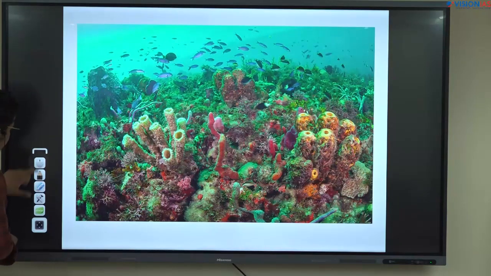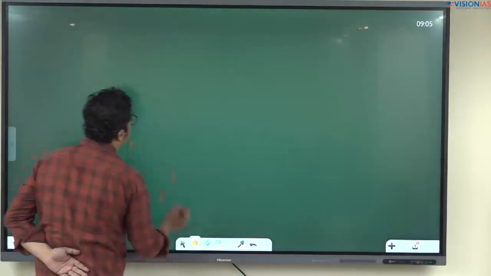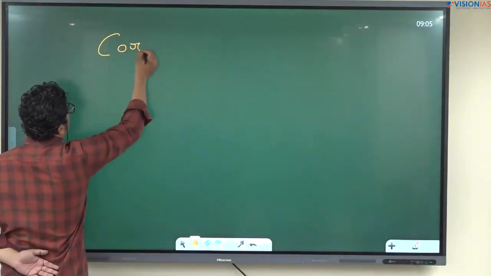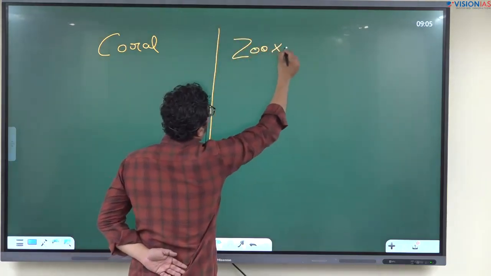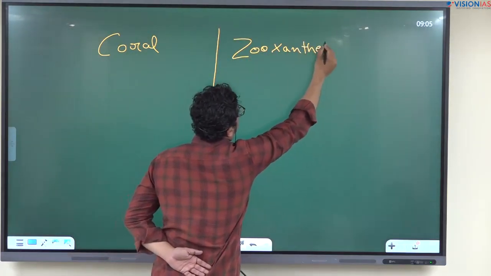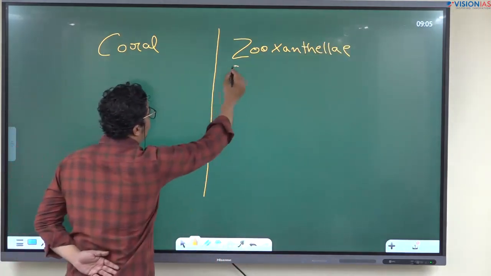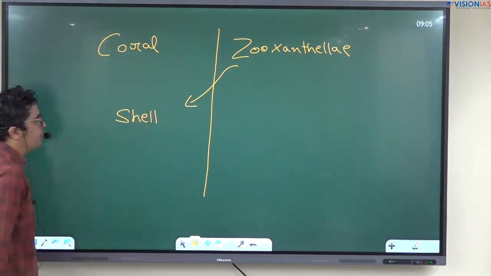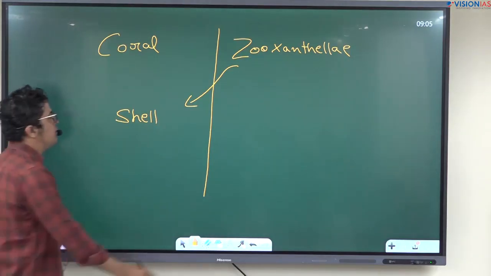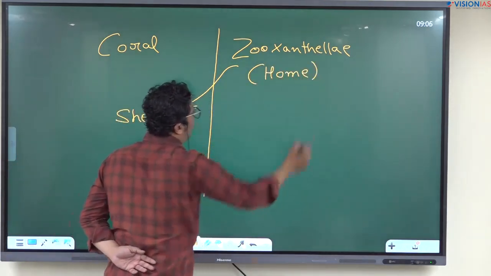We have studied relations. So there is a relationship between corals and zooxanthellae. Zooxanthellae lives in the shell of corals. So that means zooxanthellae are getting a home.